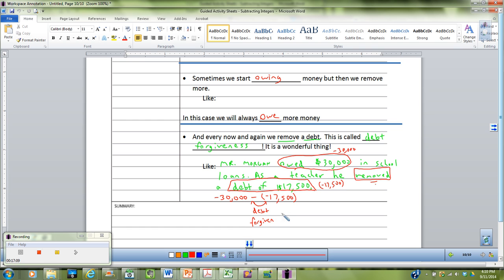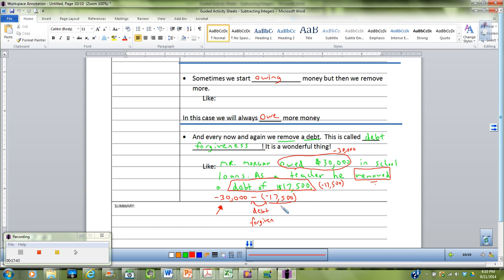In this situation, I owed $30,000, but they removed the debt or forgave me $17,500. So the question is, do I have to pay all of this back now? No. They removed this amount, right? So instead of the full $30,000, they're going to forgive me this amount.